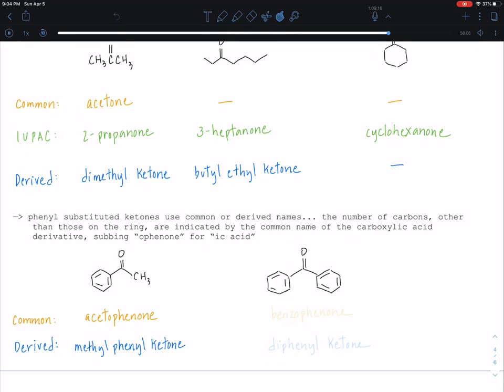It's a benzoic acid, but the ketone derivative of that with a phenyl substituent would be benzophenone. So instead of benzoic acid, benzophenone. And the derived name is pretty simple, right? It's just diphenylketone.